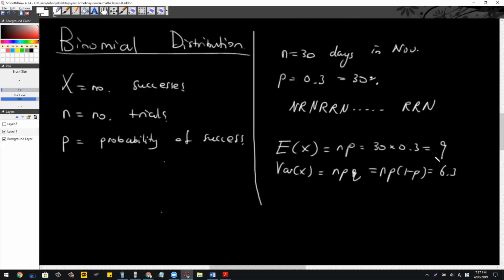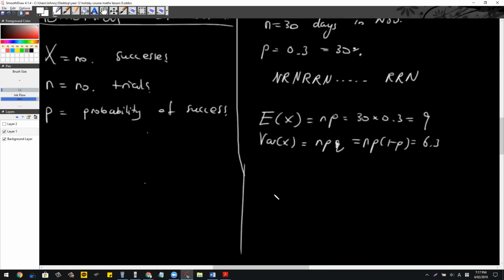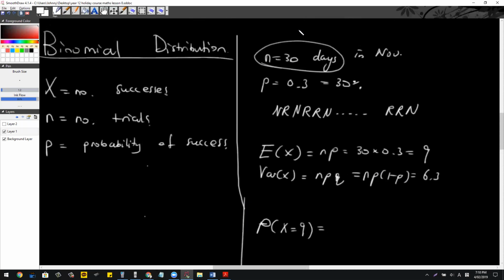Now you might want to ask this question: how do I get the probability that it rains exactly some number of days? There are 30 days available. Of course you can get 1 day of raining, 2 days, 3 days, 4 days, etc., all the way up to 30 days raining. Of course, 30 days of rain is very, very improbable, and also just 1 day or 0 days raining is very improbable.